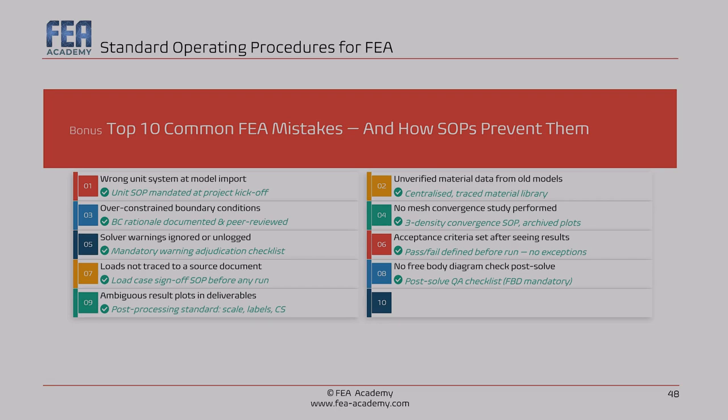The ninth error is an ambiguous result plot in the deliverable. A plot without a scale, without units, without a coordinate system reference is an uninterpretable image. For example, you see an image with vectors showing forces or displacement, stuff like that. Please display the coordinate system, okay? Make the coordinate system reference. The post-processing standard fixes this in one document, okay?